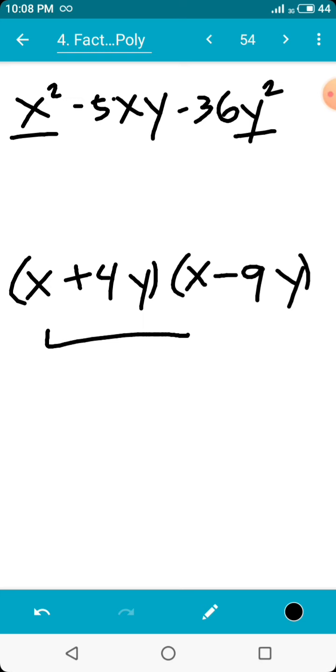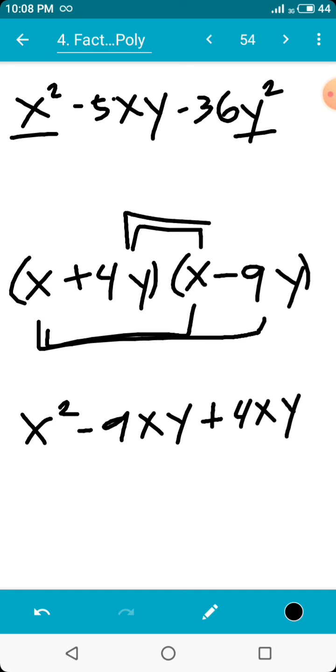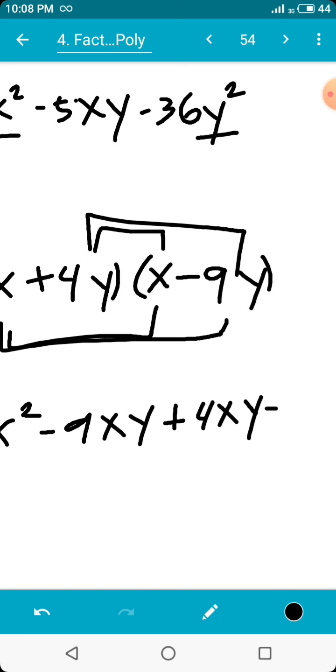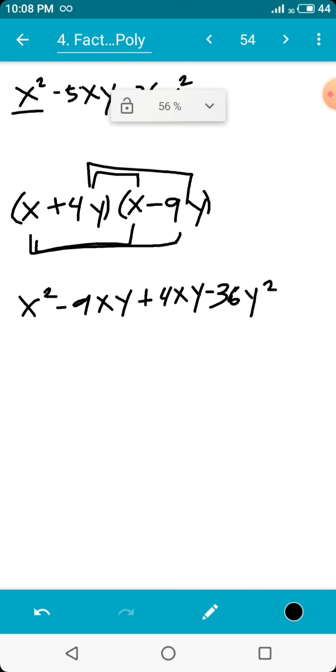So, let's see kung tama by getting their product. So, x squared, negative 9xy, and then here we have positive 4xy, and then we have negative 36y squared. Okay? So, combine like terms.